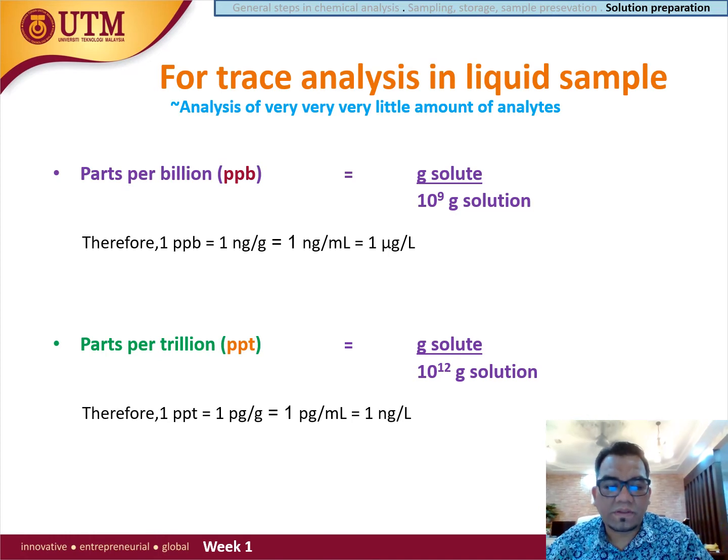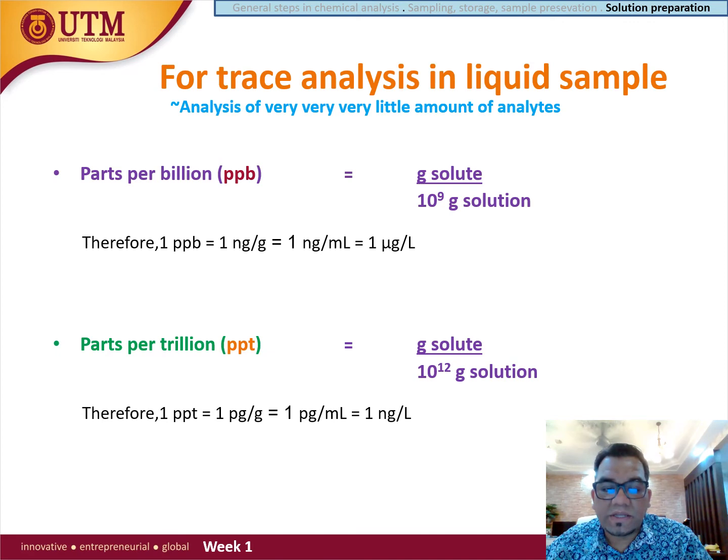Therefore, 1 ppb is equal to 1 nanogram of solute divided by 1 gram of solution, or 1 nanogram of solute divided by 1 milliliter of solution, or 1 microgram of solute divided by 1 liter of solution. So commonly we use 1 microgram per liter to represent parts per billion.